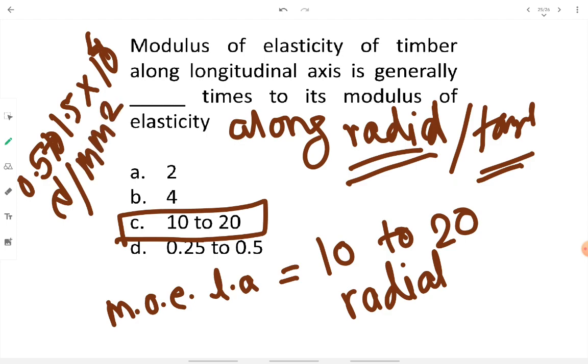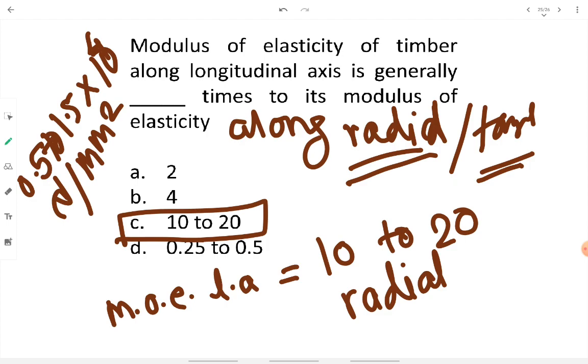Okay, and timber is an anisotropic elastic material, means if you find one specific property, let's say compressive strength, tensile strength, bending stress withstanding properties, or modulus of elasticity, in one direction, and then go along another direction, the property will vary very much.